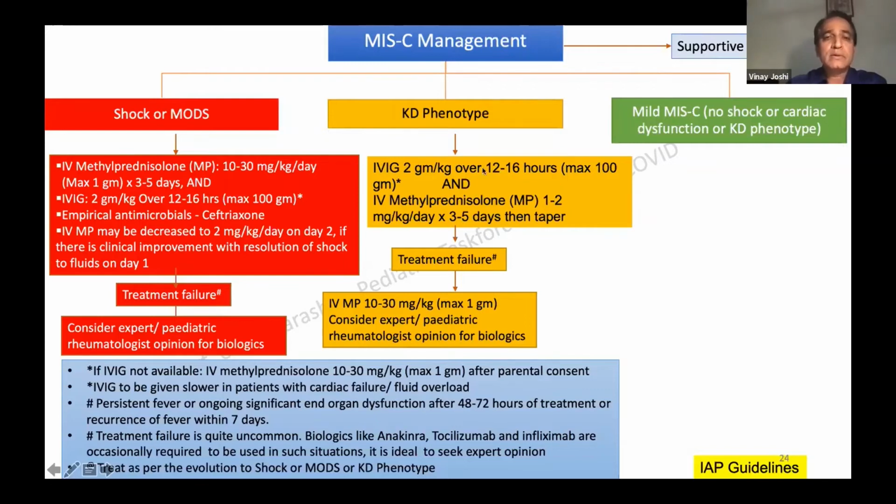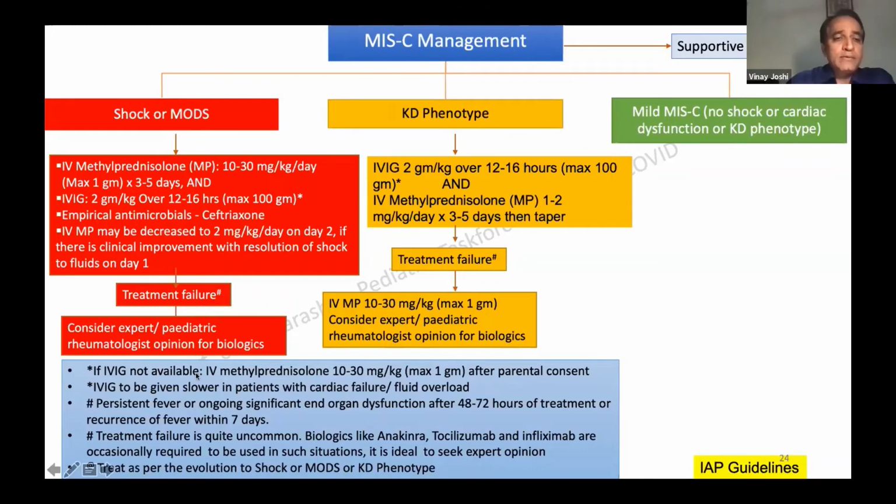Remember that sometimes with IVIG 2 gram per kilo, if the child is weighing heavily, the amount of fluid the baby receives can lead to fluid overload. So you can increase the duration, or sometimes we even give the dose over 2 days, 1 gram per kilo on day 1 and again 1 gram per kilo on day 2. You need to be very careful when giving IVIG, especially large doses.